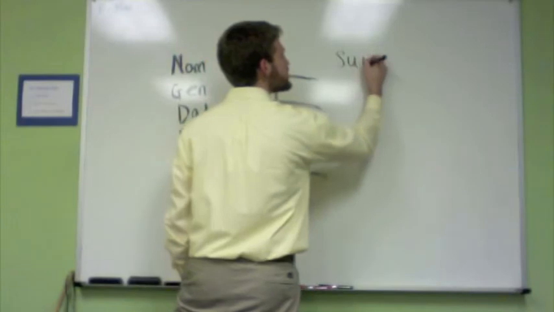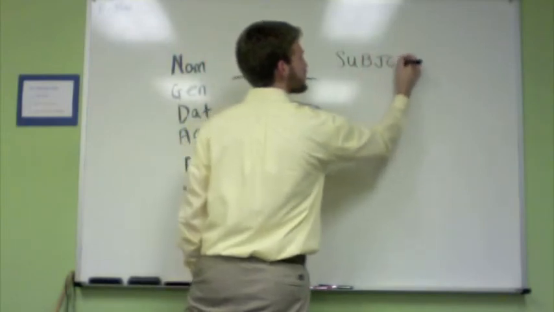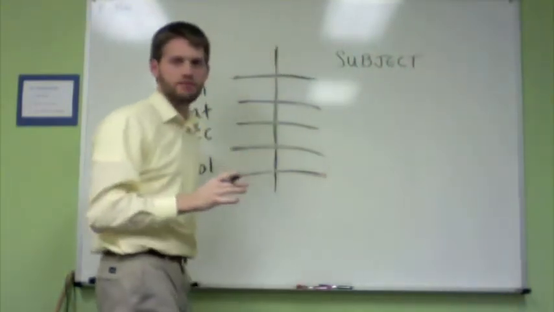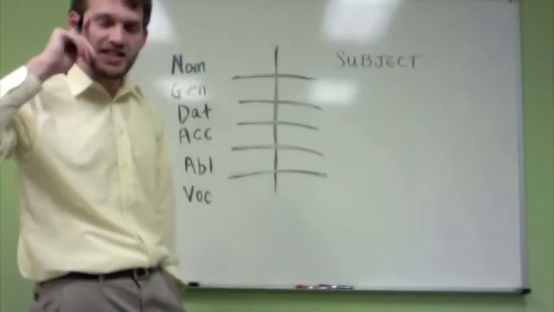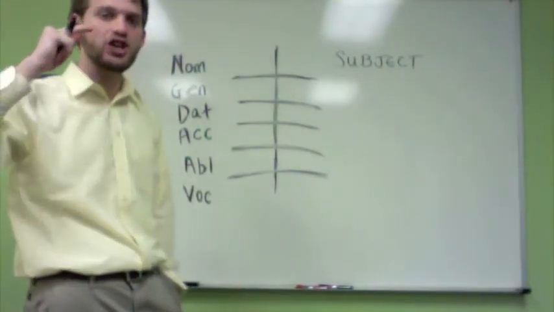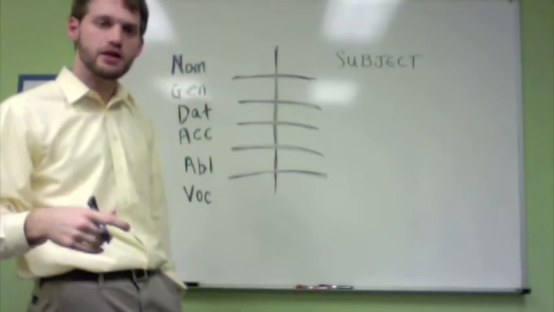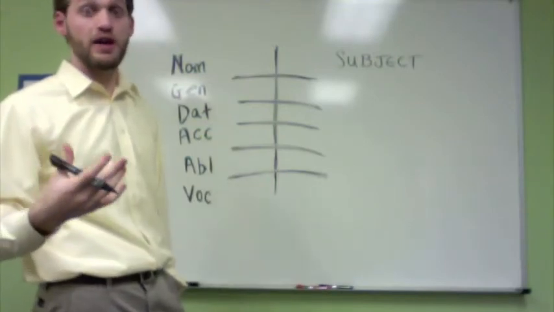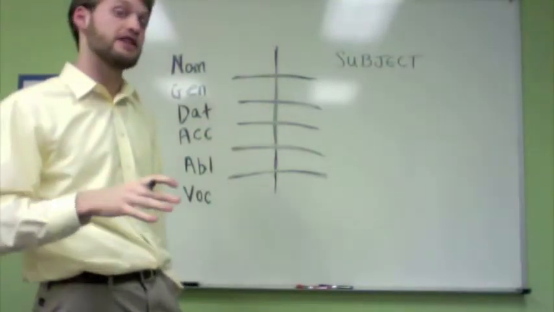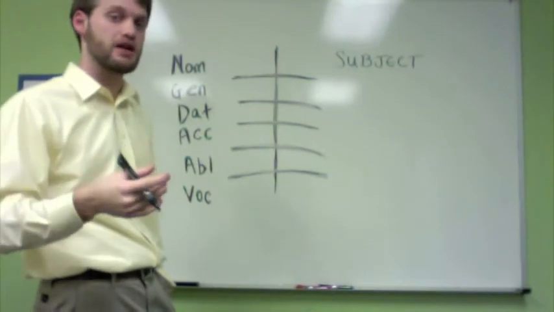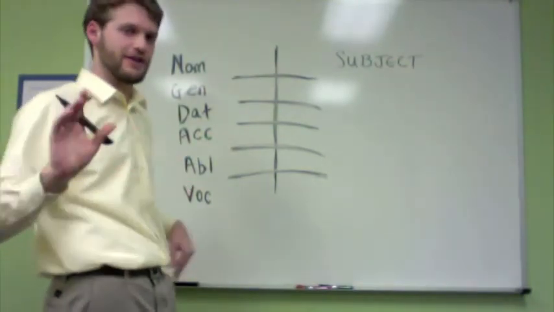So if I see a word that's in the nominative case, I know it's the subject. Or a predicate nominative, like a nominative with a linking verb, like "I am happy." Happy would also be in the nominative. But don't get lost on that.